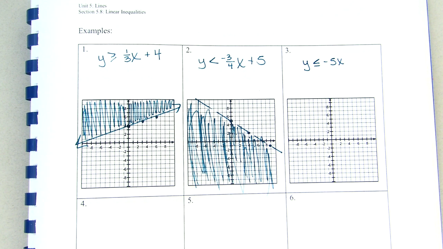Y is less than or equal to negative 5x. Solid or dashed? Solid. Graph a solid line.